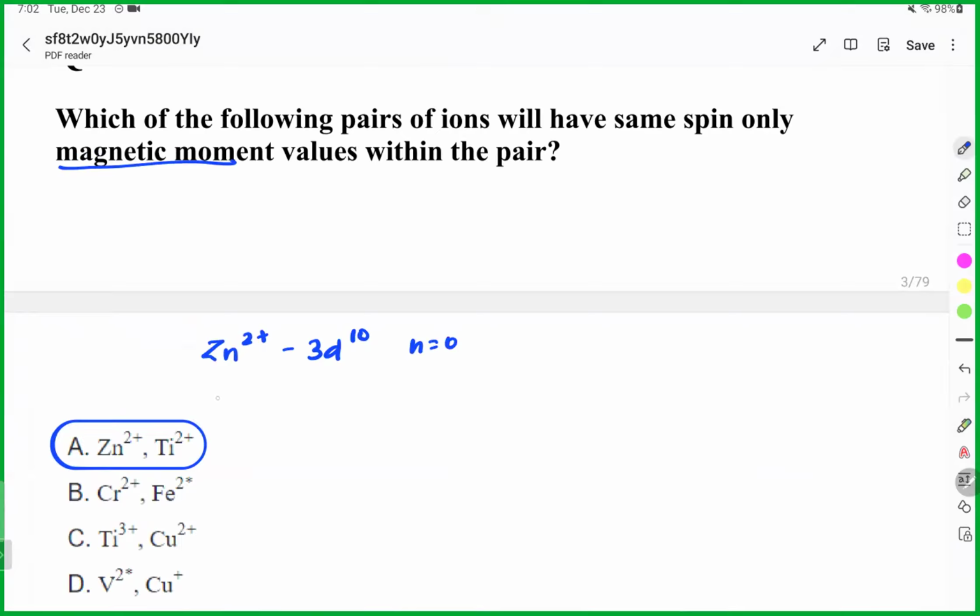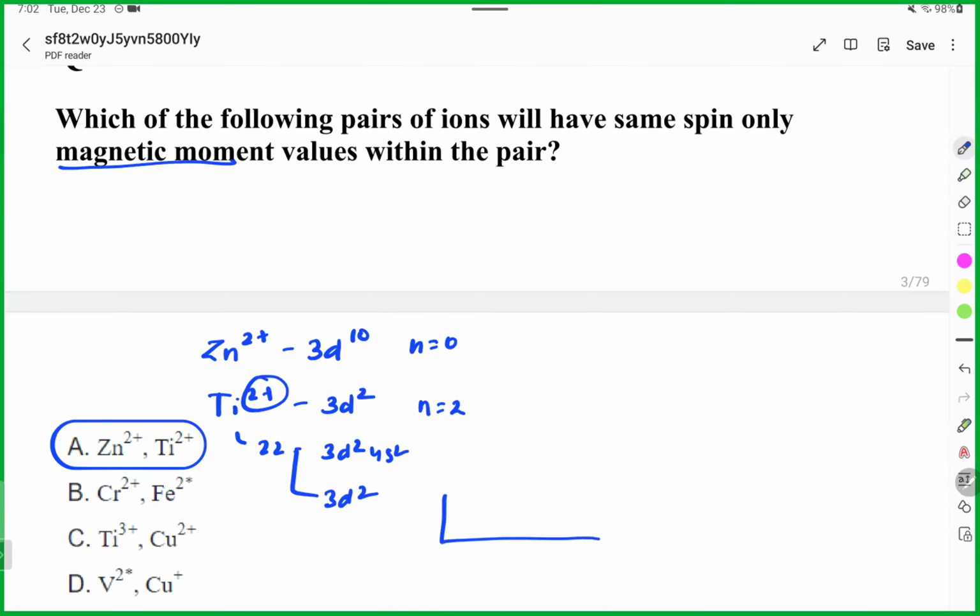Next, titanium 2 positive. It will be 3d2. How do I know? Because titanium atomic number is 22, 3d2, 4s2. Now for the 2 positive, 3d2 only.